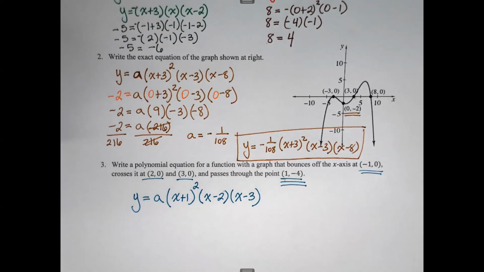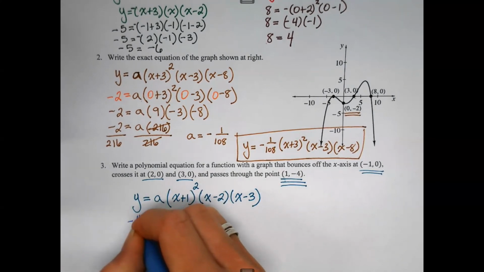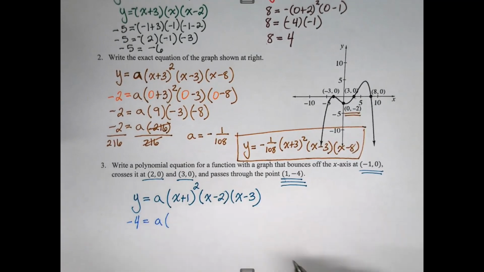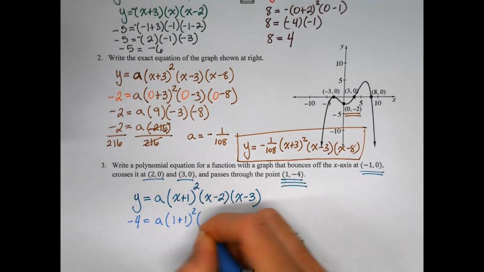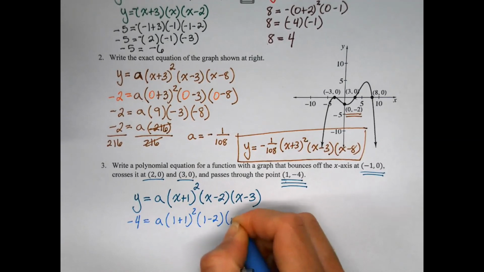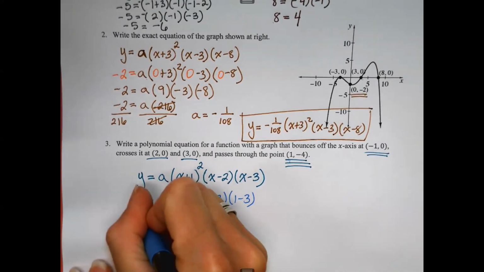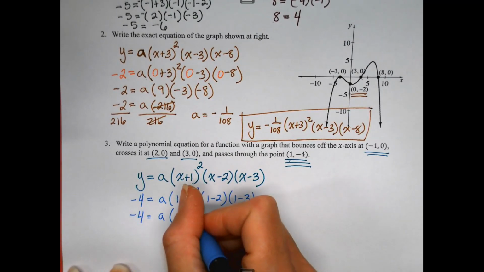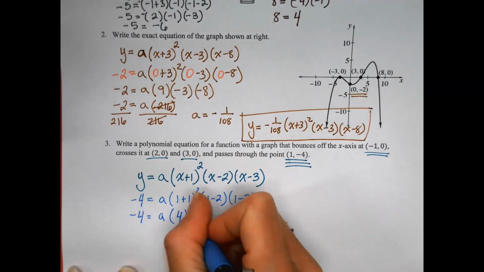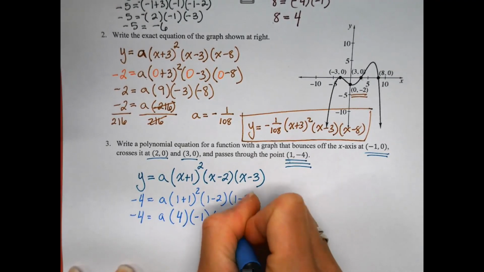Then I'm going to go ahead and substitute -4 for y and 1 for x, and solve. I get -4 is equal to a times 1 plus 1 is 2, and 2 squared is 4, times -1 times -2.